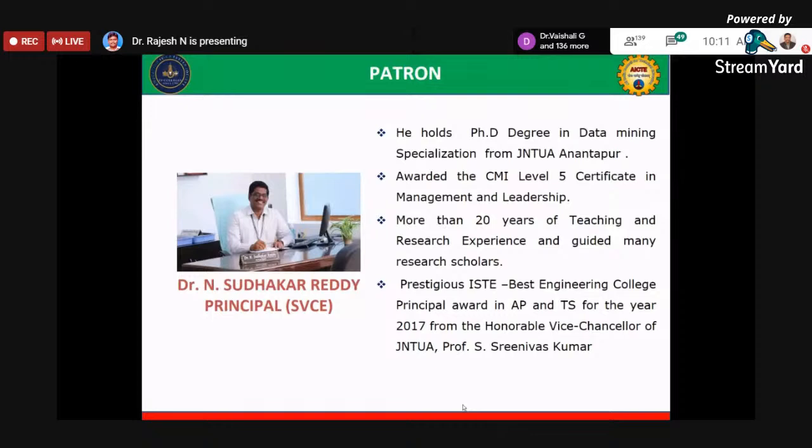I request all the participants to utilize this opportunity and gain knowledge on nanotechnology and functional materials. Please participate in this STTP from 14th to 19th September and gain knowledge. My sincere thanks to the convener and Mechanical Engineering Department for conducting this STTP successfully, and my gratitude to Dr. Manoj Gupta Garu for accepting to be the resource person and chief guest for today's program.